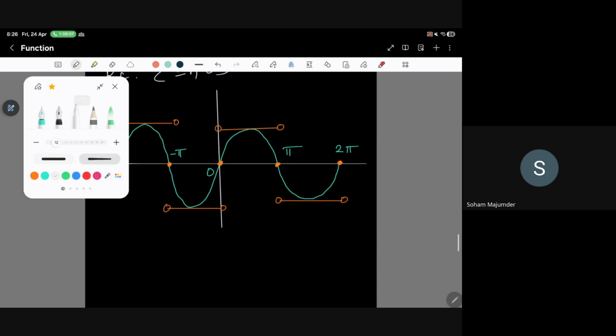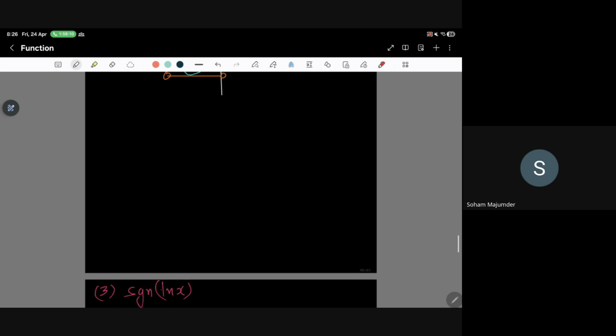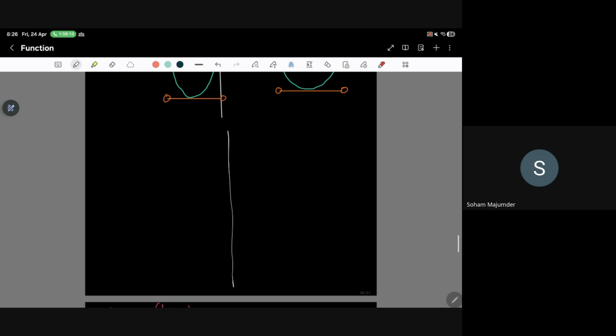So if you separate out the graph of signum of sin x properly, what we have is 0. So at 0 the value is 0. Now between 0 and pi the value is 1.